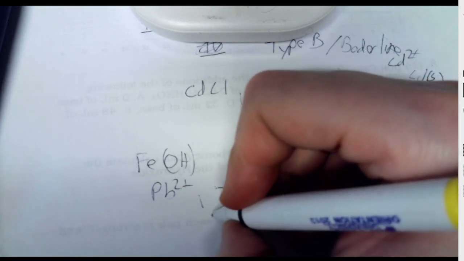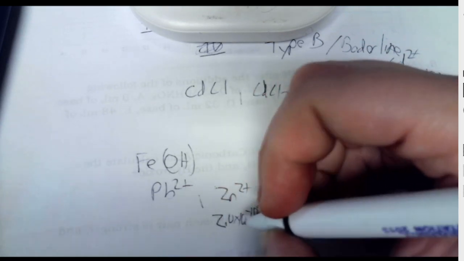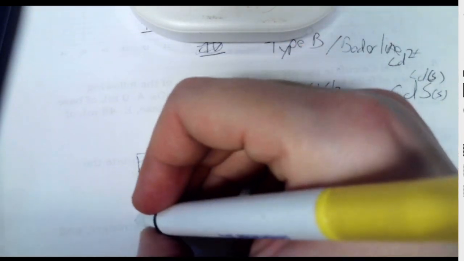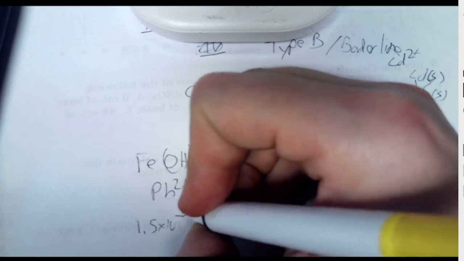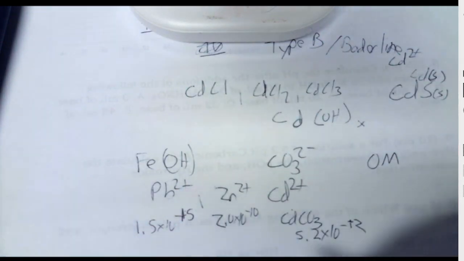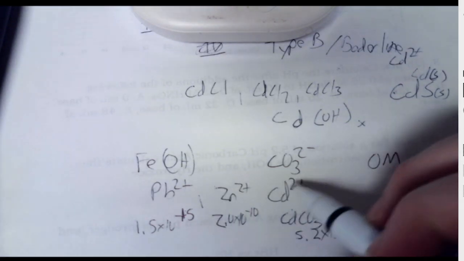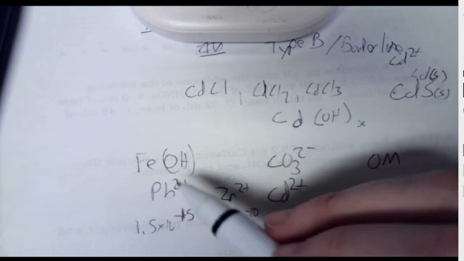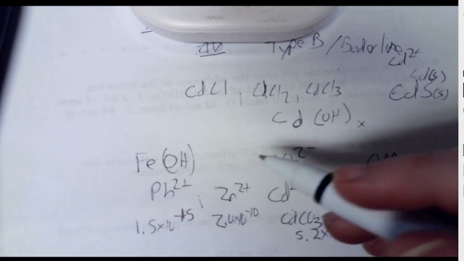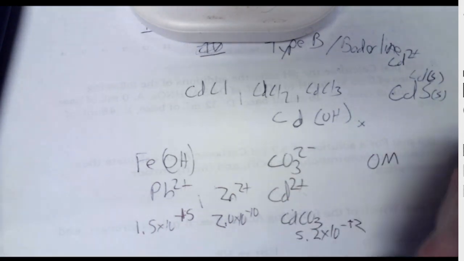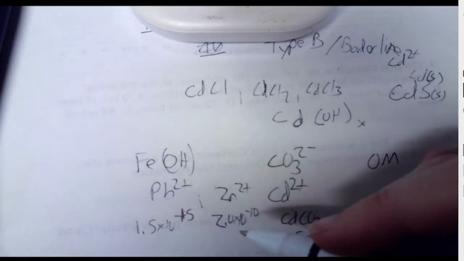Zinc carbonate has a KSP of 2.0 times 10 to the negative 10. And lead carbonate has 1.5 times 10 to the negative 15. So, meaning they are not very soluble in carbonates. As we go down the table, zinc, cadmium, and lead, we see the solubility decreases. So heavier means they're less soluble in this case. More type B covalent character.